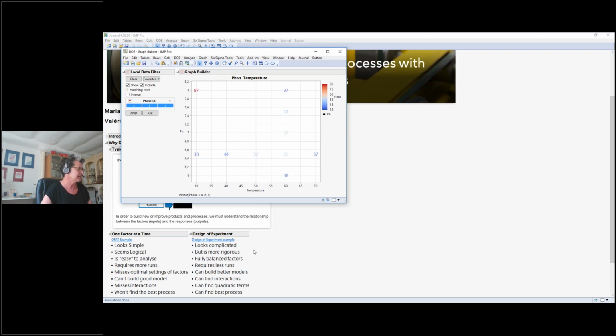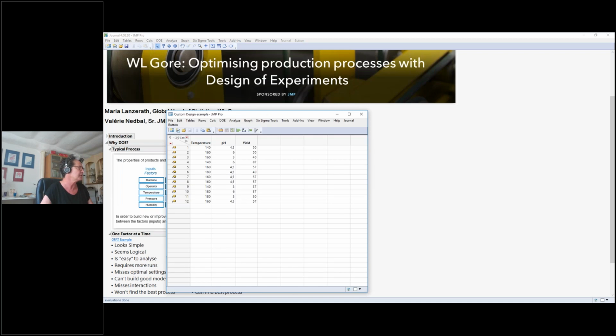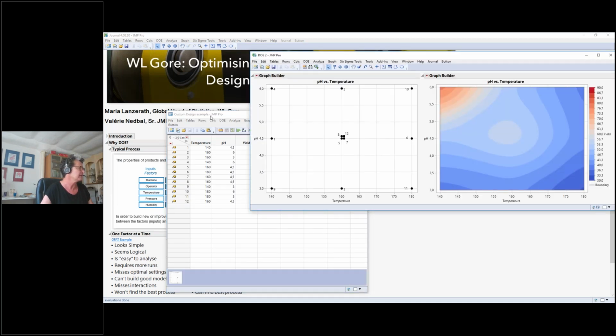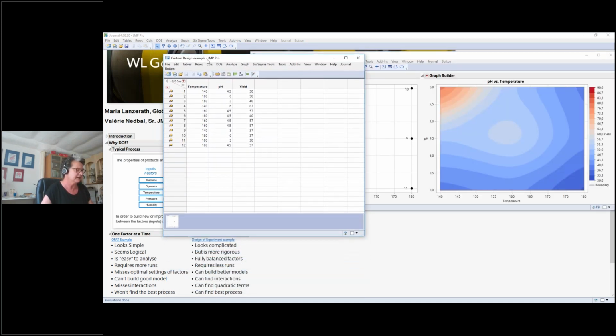Let's consider now design of experiments. I have here an example where we again have pH and temperature, and we then gather the measurements of yield. In this case, you can see that at each run we vary temperature and pH.